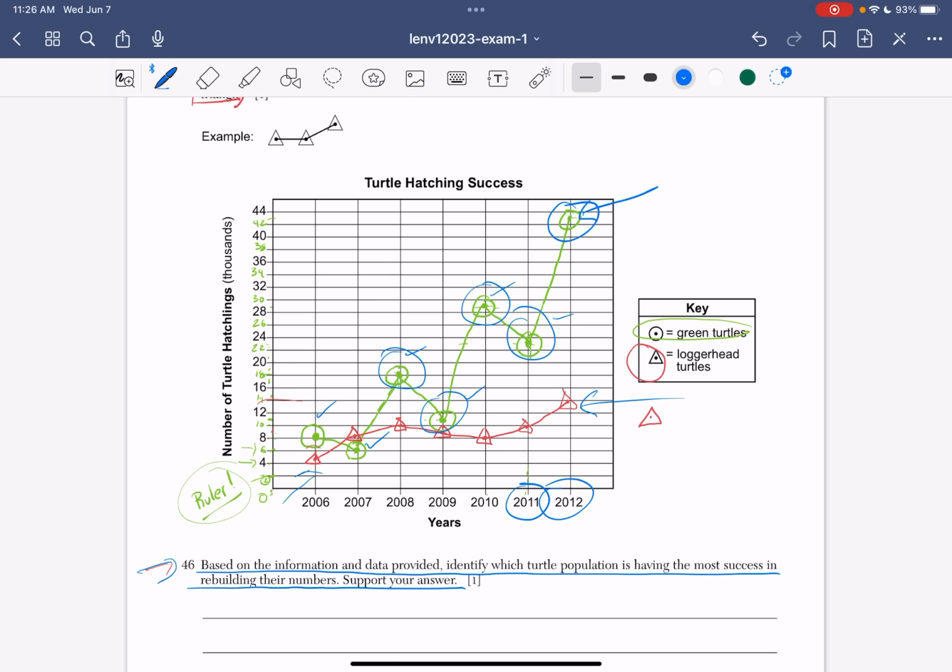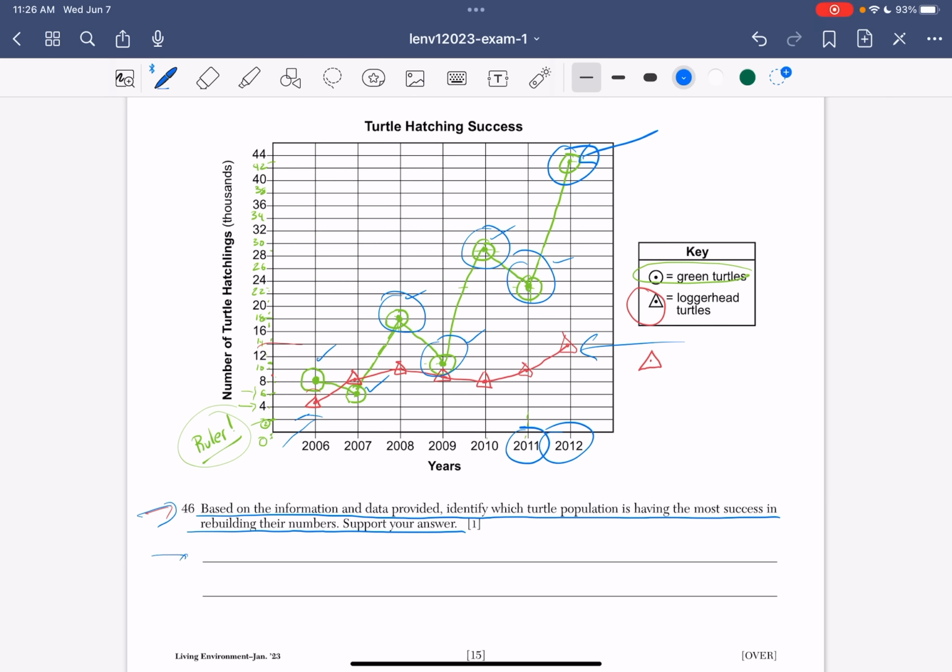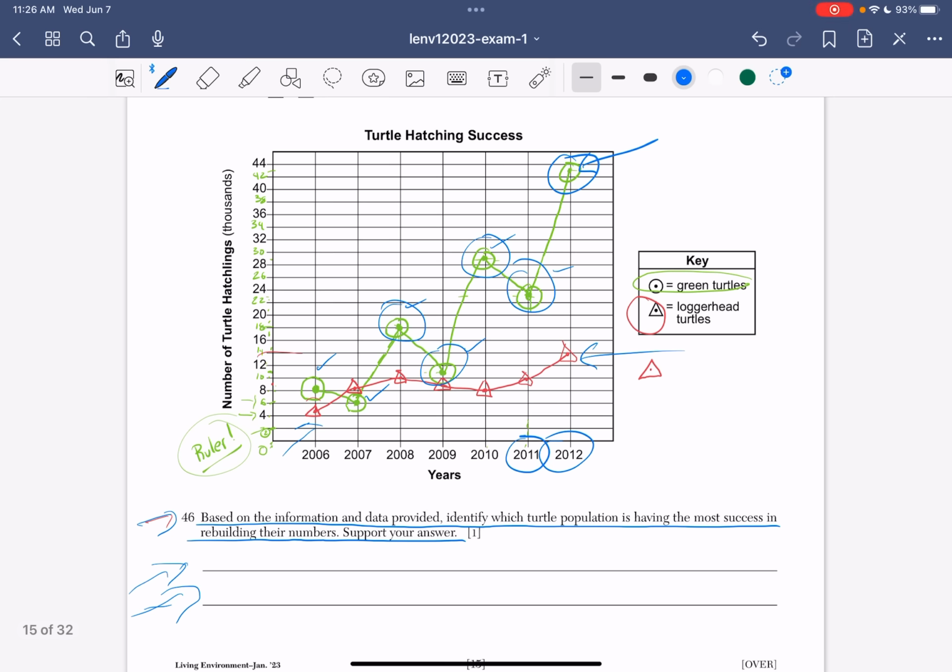So when you're writing your answers, do not reinstate the entire question. You don't have many lines. They don't give you many lines because you don't have to write an essay. Answer the question directly and always give evidence, okay? So they want to know which turtle population is having the most success.